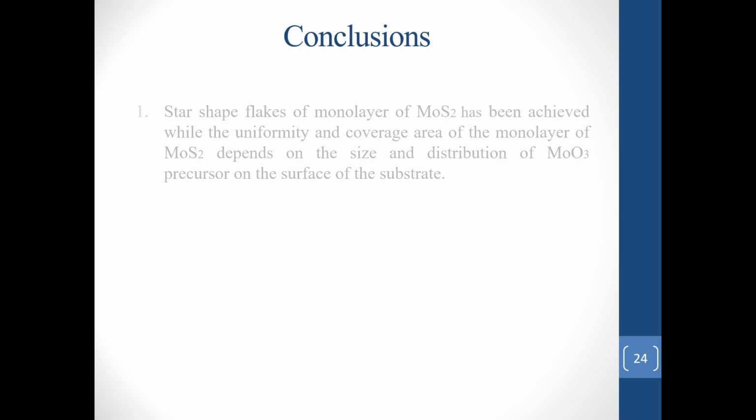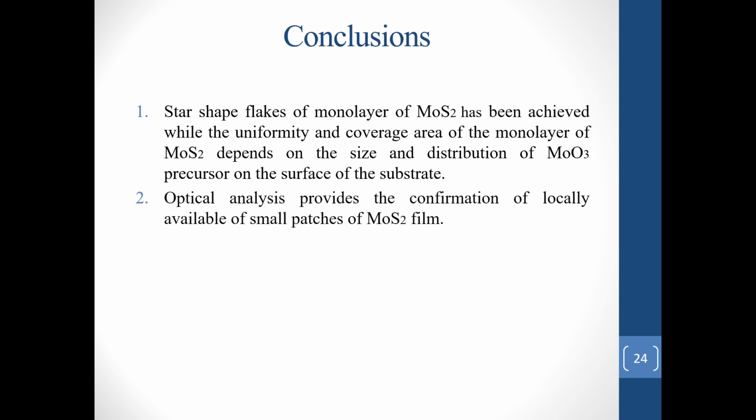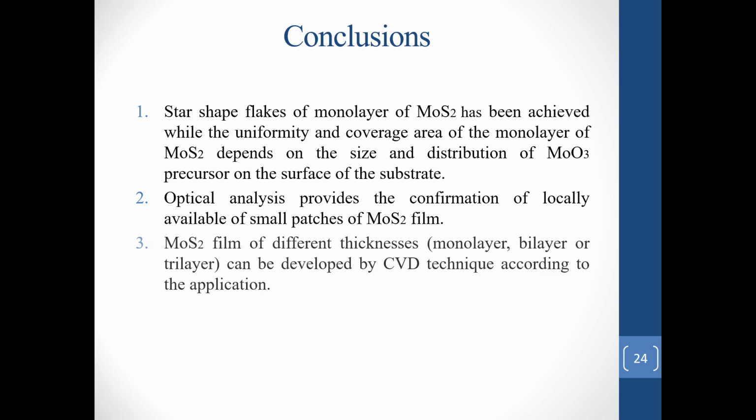And the conclusion is that star-shaped flakes of monolayer MoS2 have been achieved, while the uniformity and coverage area of monolayer MoS2 depend upon the size and distribution of MoO3 precursor on the surface of the substrate, and optical analysis provides confirmation of locally available small patches of MoS2 films.